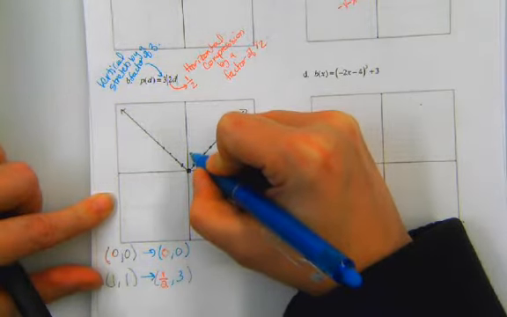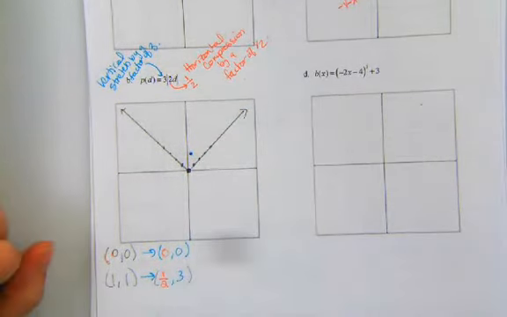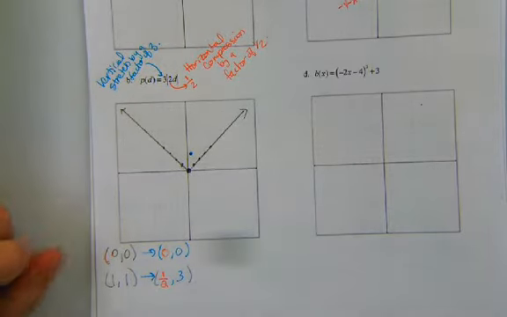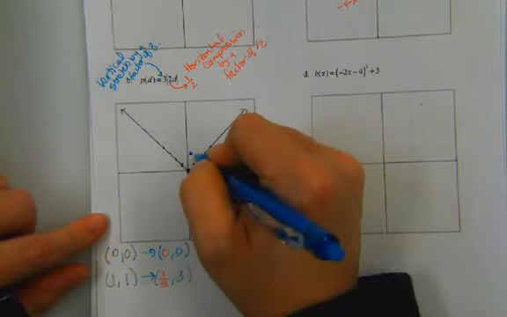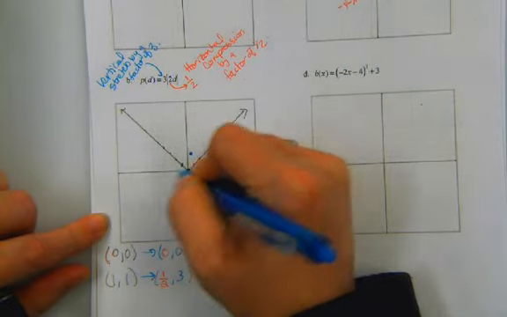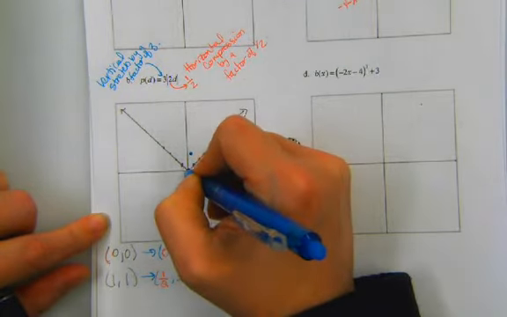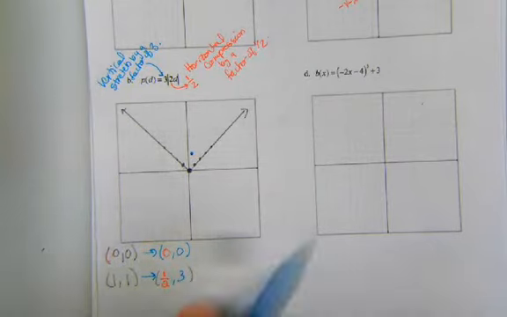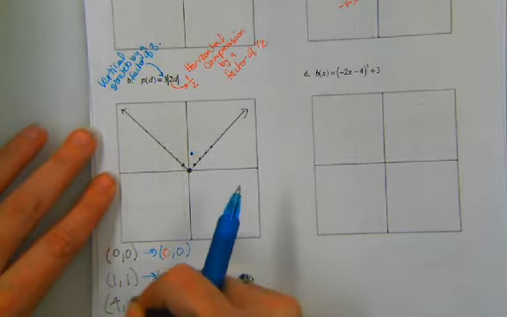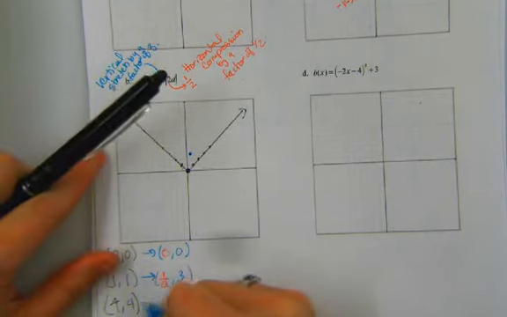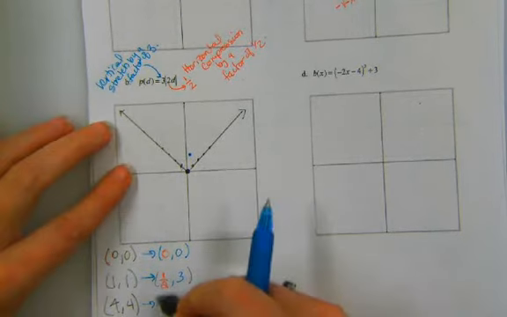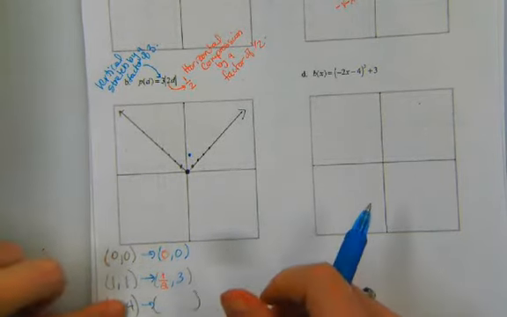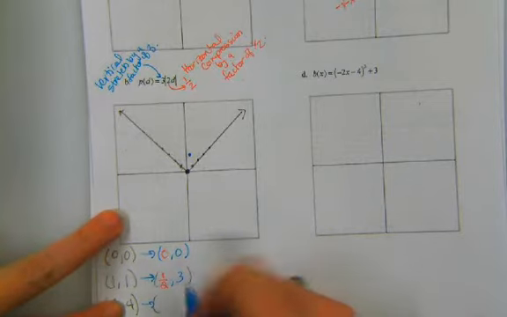I'm going to take a random ordered pair from the other side of the absolute value. I'm going to take 4, 4. And I'm going to do exactly what I've been doing before. Take the y value and multiply it by 3 to get 12. Take the x value and multiply it by 1/2 to get 2.